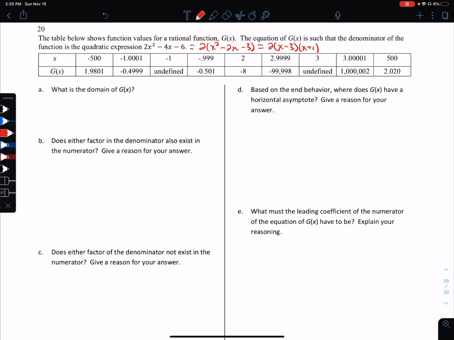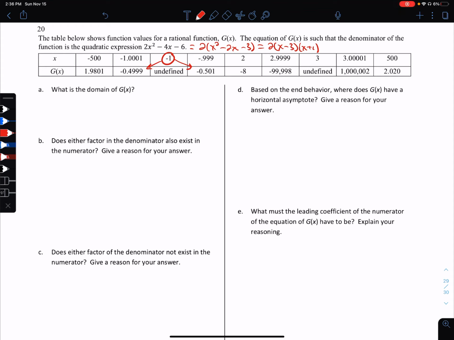Let's see what happens. What's the domain of g of x? Well, this is pretty easy to figure out, because if you look here, the y value is undefined in these two places. So let's look a little closer. On the left of -1 and on the right of -1, those y values look like they're both going to -1/2.